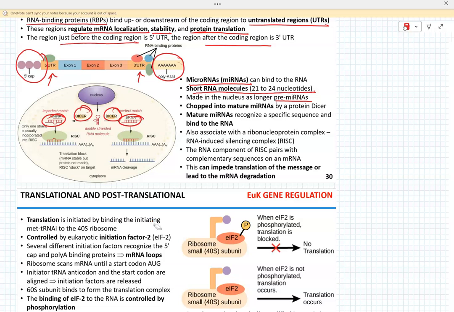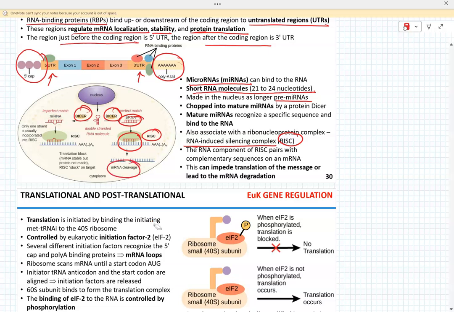If the binding of such microRNA is perfect, this microRNA is called siRNA, small interfering RNA. It will bind the protein complex called RISC, RNA-induced silencing complex, which then leads to mRNA cleavage.